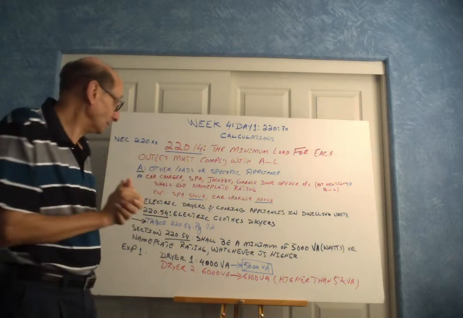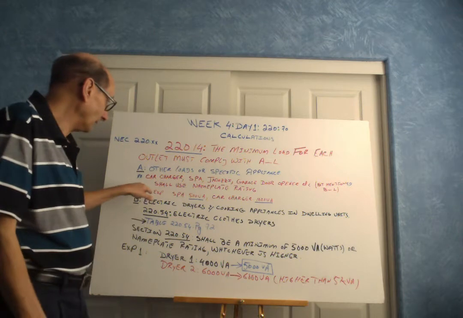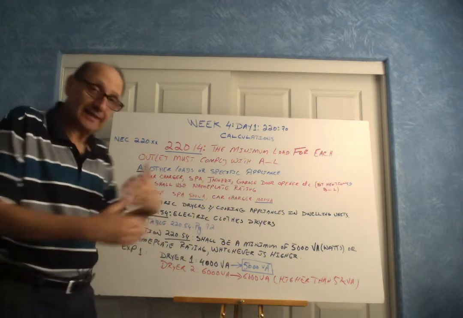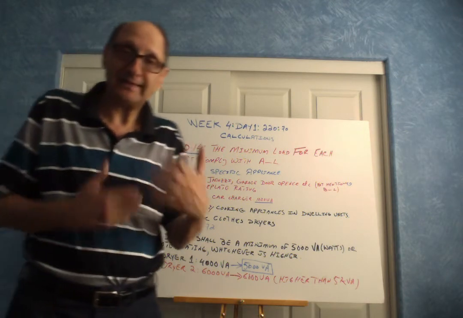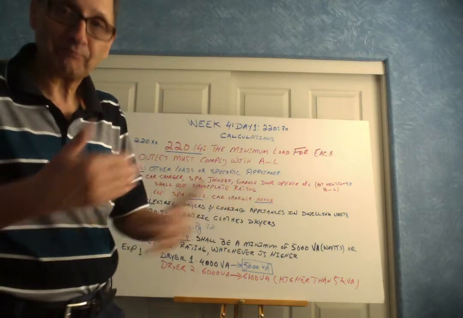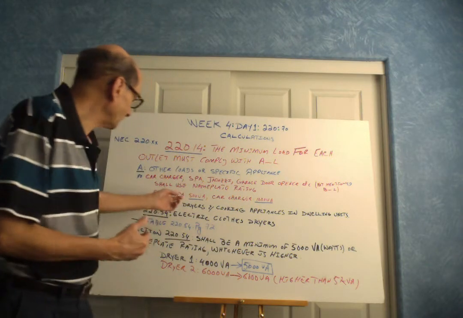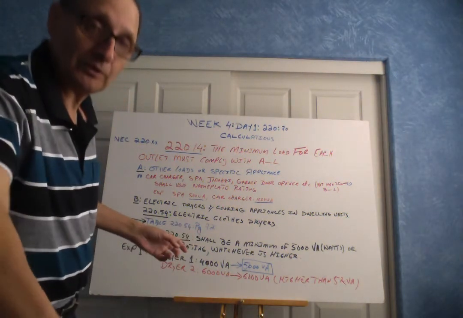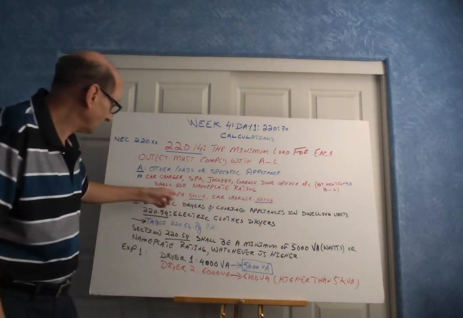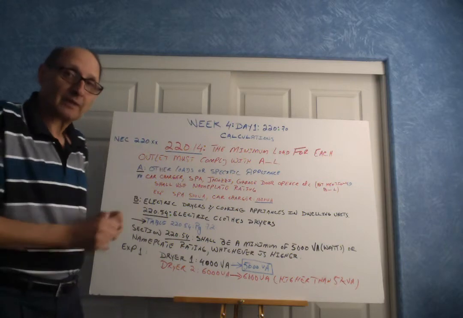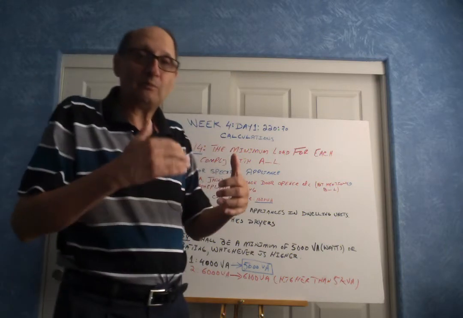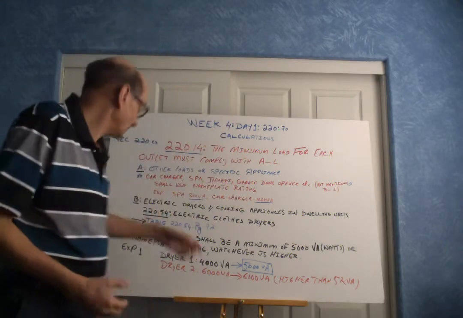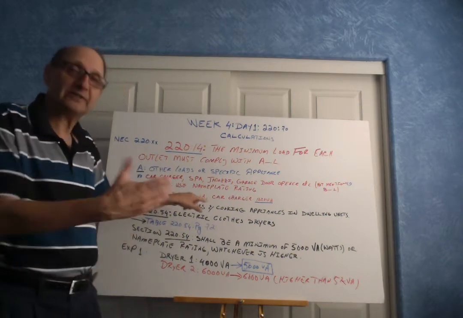I have some examples over here. Let's say for some reason they include a spa in there. If the spa is included, then what we need to do, assuming that the wattage or VA rating for the spa is 500 VA, and I just made up these values.